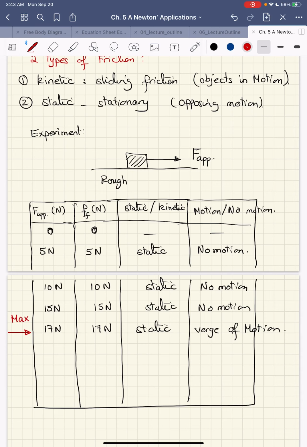After that, I might have my object in motion with only 16 newtons, and that is gonna be the force of friction. We're gonna talk about that, and that now it is kinetic and there is motion. Okay, then I might keep that 16 newtons to keep the motion.